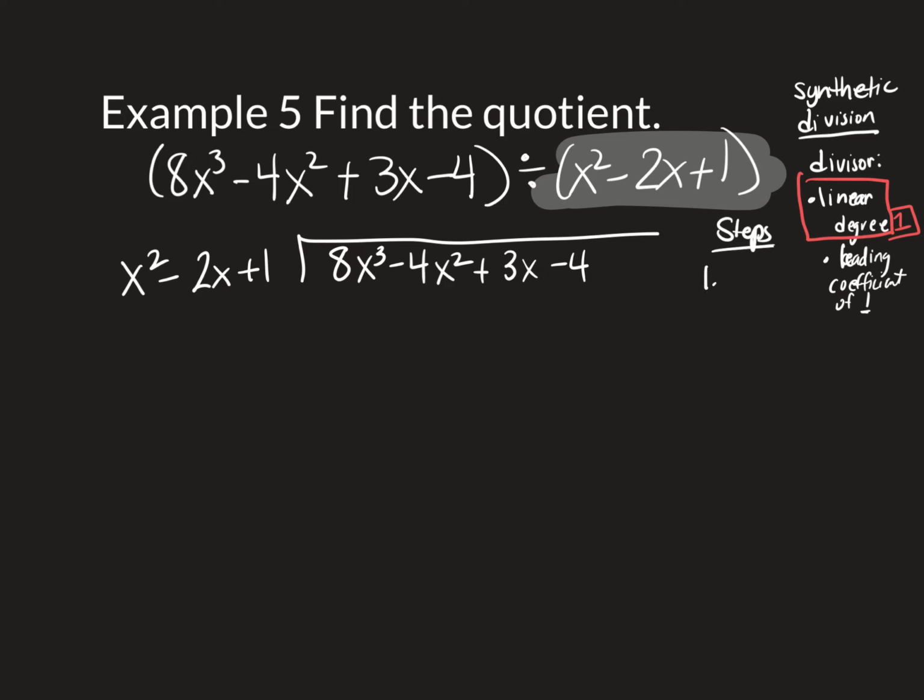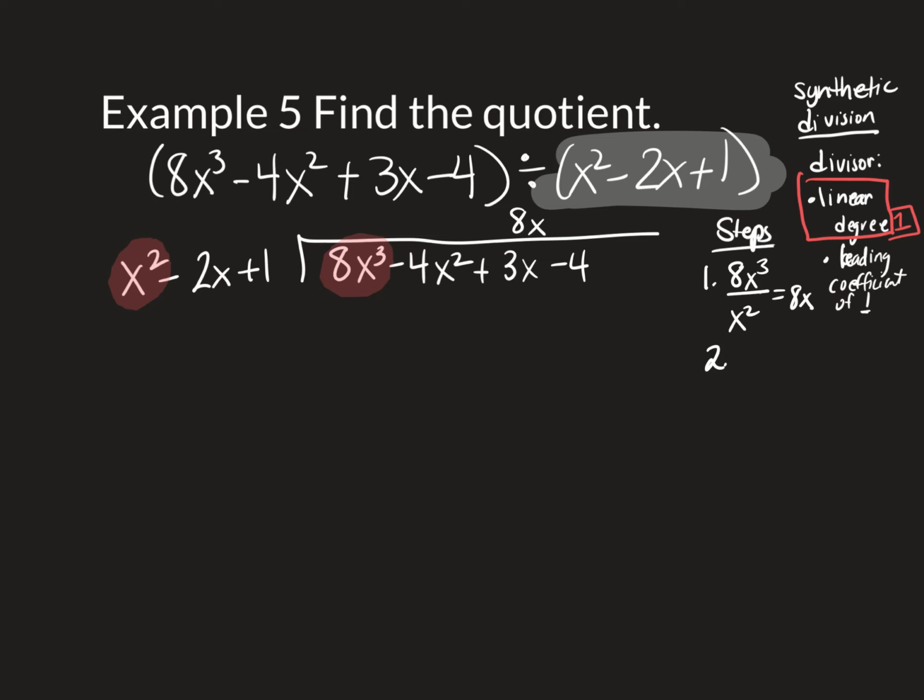Step 1, divide the first term of your dividend by the first term of your divisor. So 8x cubed divided by x squared. 8 divided by 1 is 8. X cubed divided by x squared is x. You put that answer above its like term. So 8x goes here.